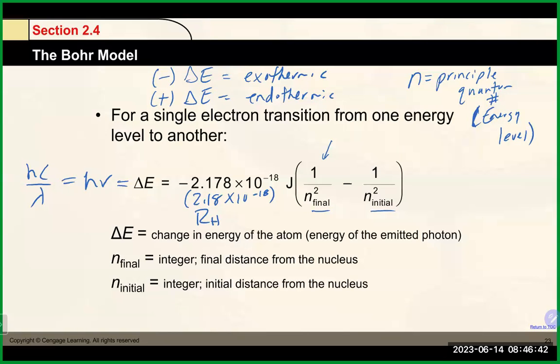With that being said, when we calculate something, perhaps with those numbers involving frequency or wavelength, those should be positive values. So if you do end up with a negative value for your energy, you should just make it a positive value when you do the rest of the calculations, so you do not end up with a negative wavelength or negative frequency.